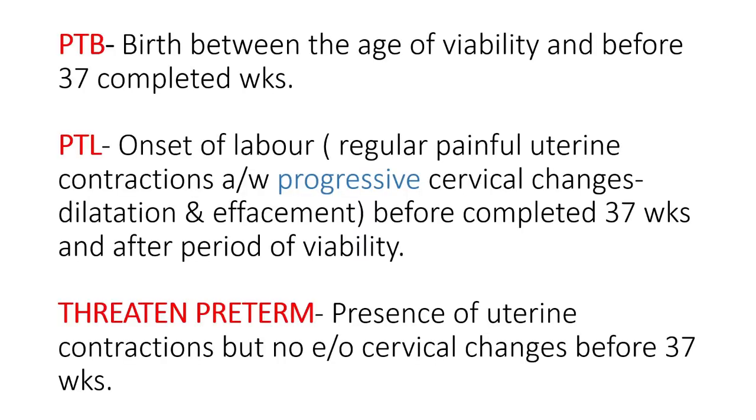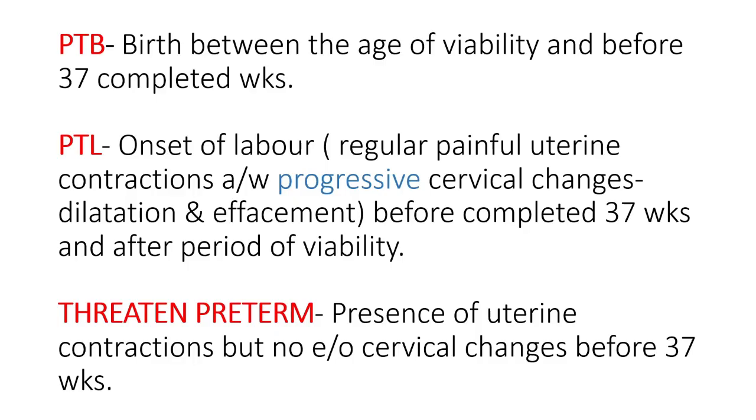Let us talk about various definitions of preterm birth. We have preterm birth, preterm labor, and threatened preterm. Preterm birth is the birth between the age of viability and before completed 37 weeks.